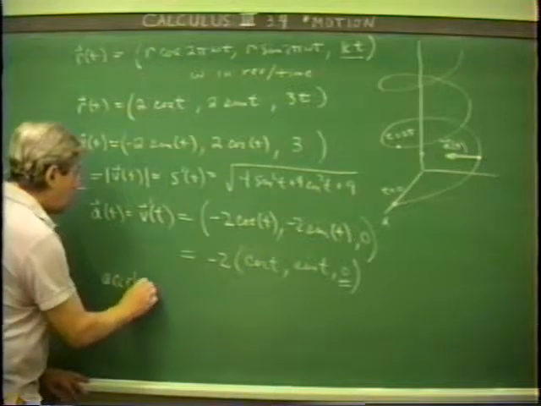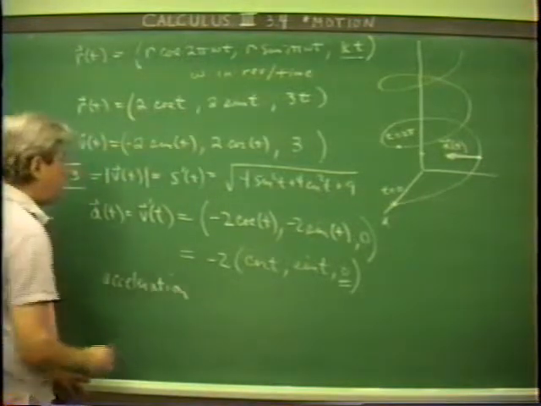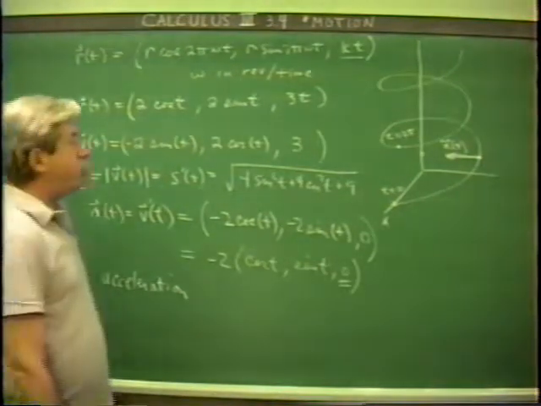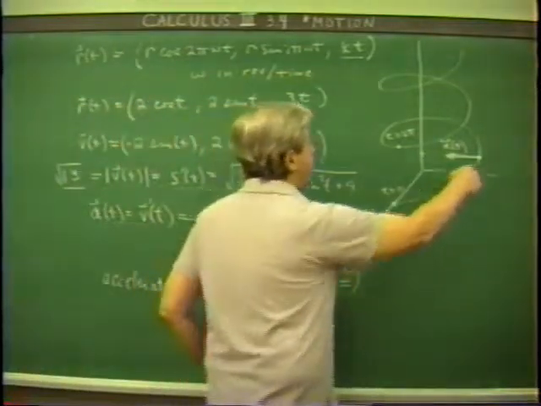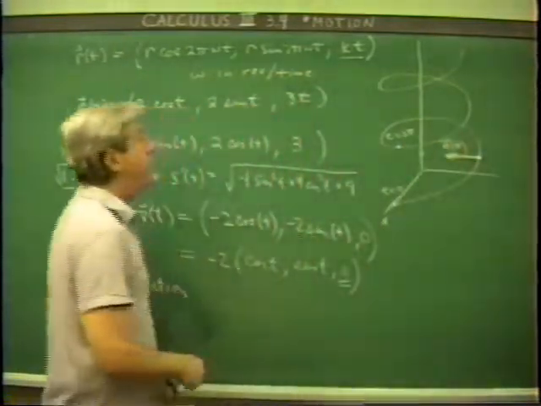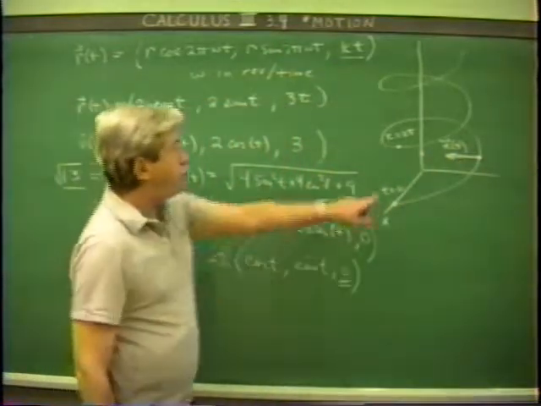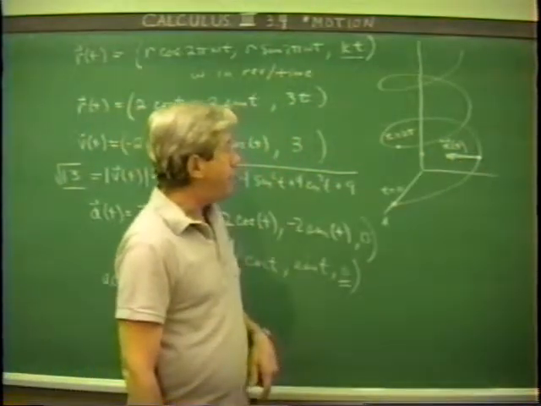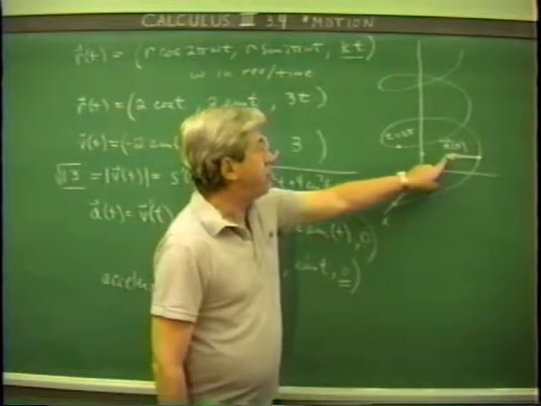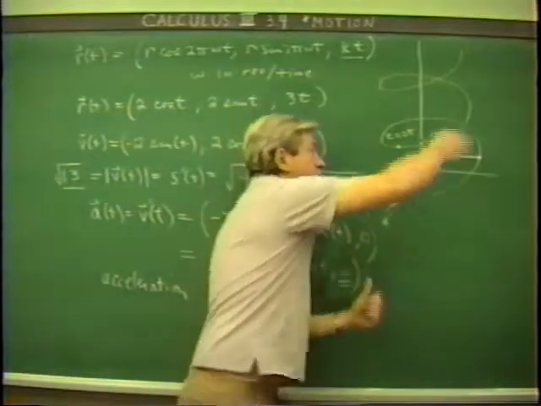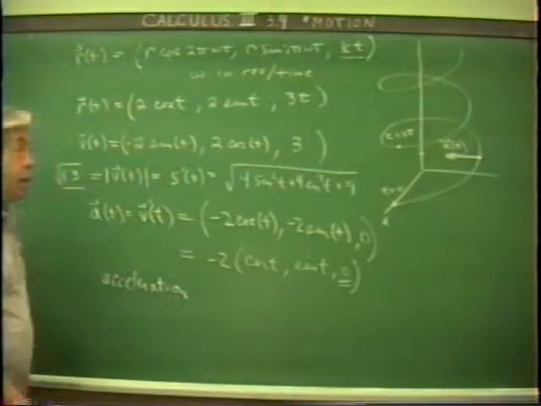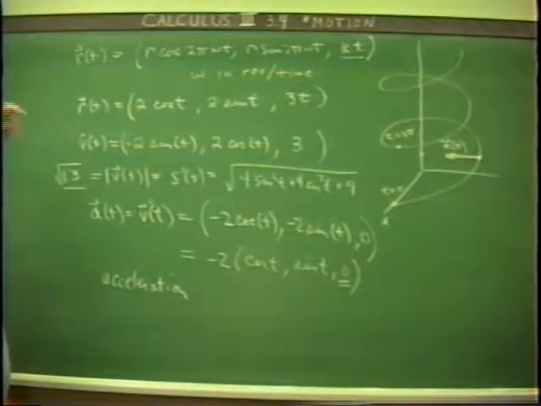Now, one thing to note with respect to acceleration. Right? There are generally going to be two parts to acceleration. One is the increase in the speed along the curve, and the other one is the part of the acceleration that is directed in the direction in which the curve is curving or turning.